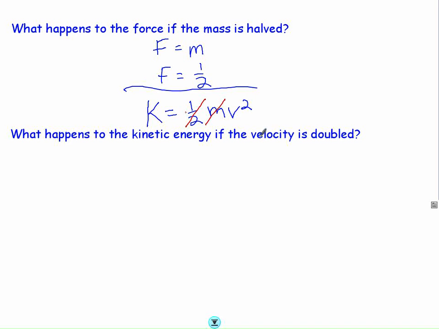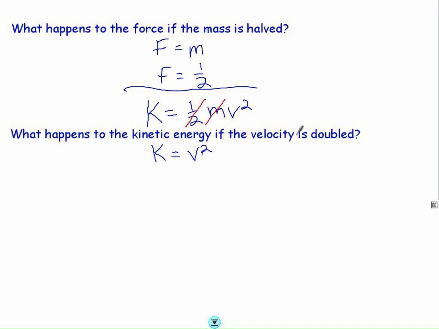Since velocity is important and 2 is specifically the exponent of the velocity, I'm not going to cross it off. So don't cross off exponents, but always cross off coefficients, like this 1/2, which is multiplying everything. So what am I left with after I cross those things off? I'm left with k equals v squared. All right?